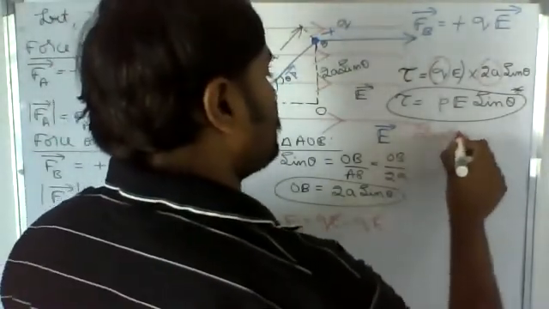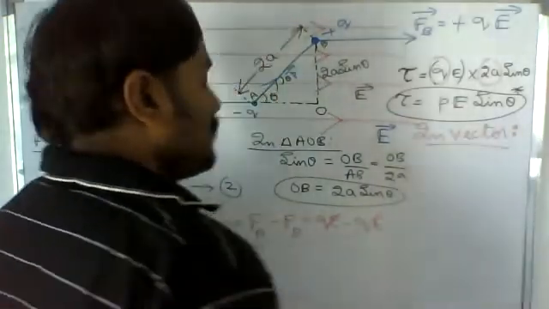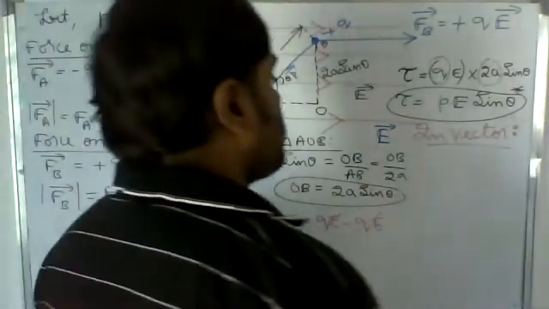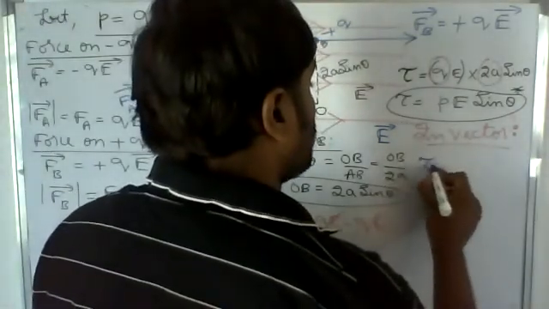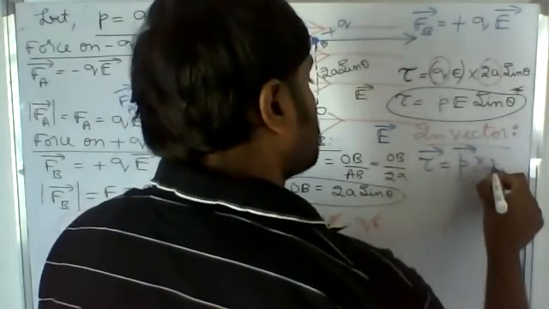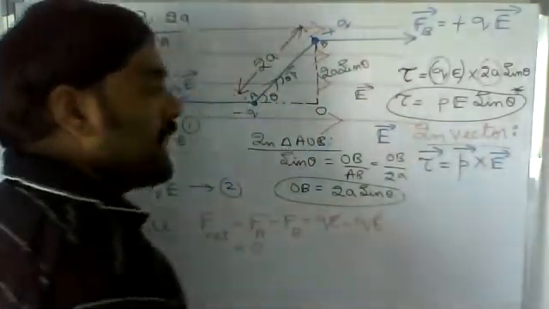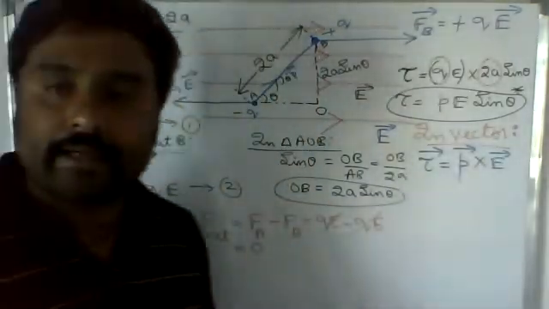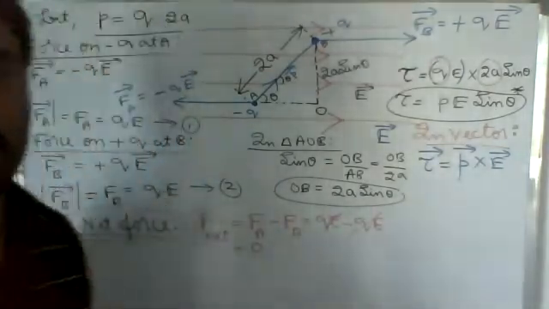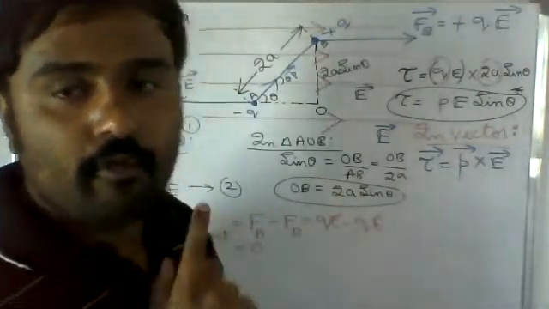In vector form, the expression for torque can be written as tau vector is equal to P vector cross E vector. This is the mathematical expression for torque acting on an electric dipole in the presence of a uniform electric field, in vector form.